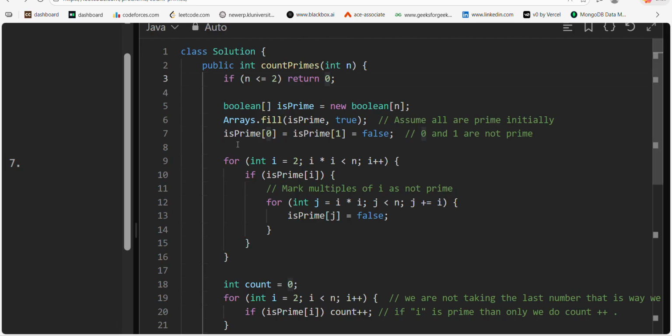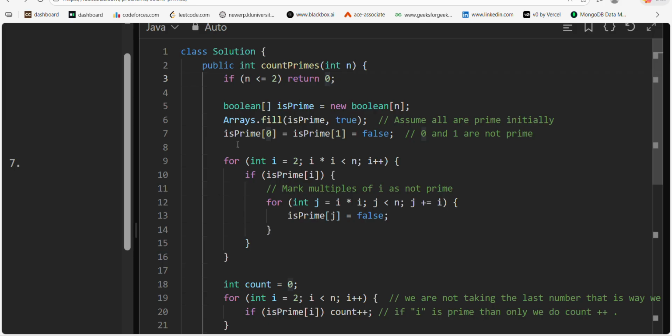Okay, let's see this code, how I am implementing it and how it works. As per the step-by-step logic, we implement this code. First of all, we check whether the number is less than or equal to 2.